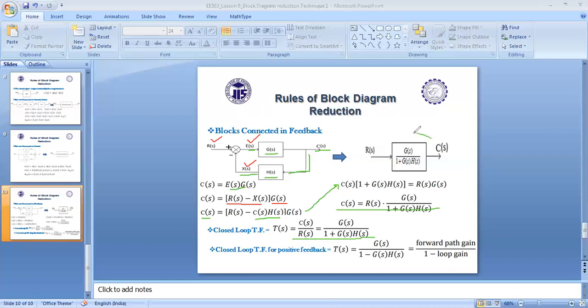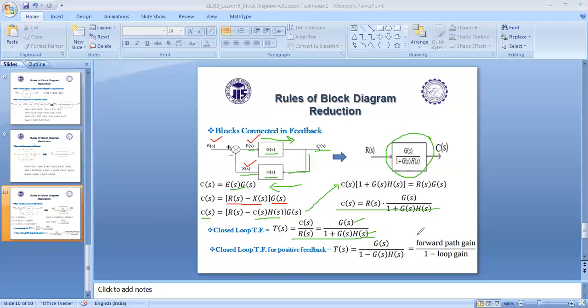So this is known as the closed loop transfer function. This is known as the forward path. This is known as the feedback path. So Gs is the forward path gain or forward path transfer function. Hs is the feedback path transfer function. And GsHs together is termed as loop gain.